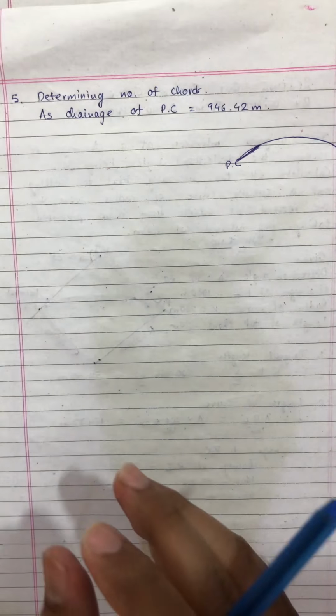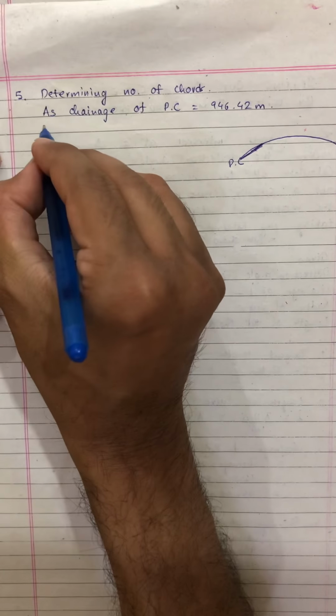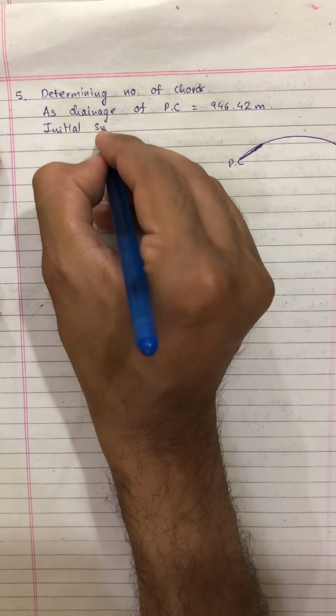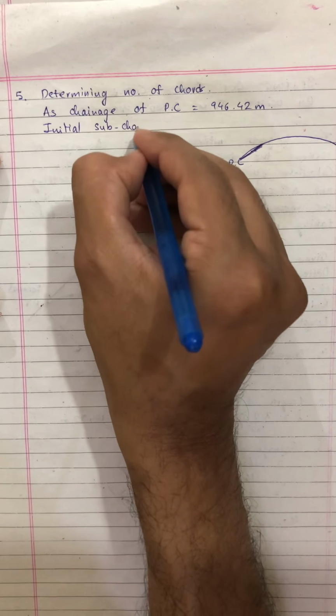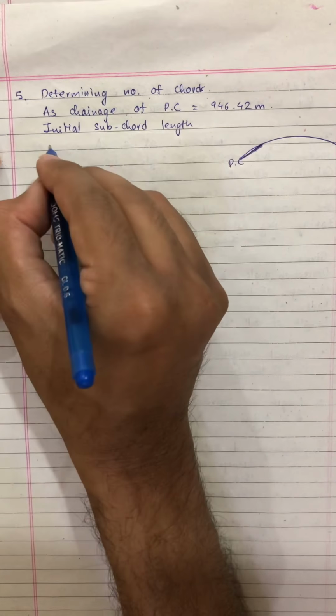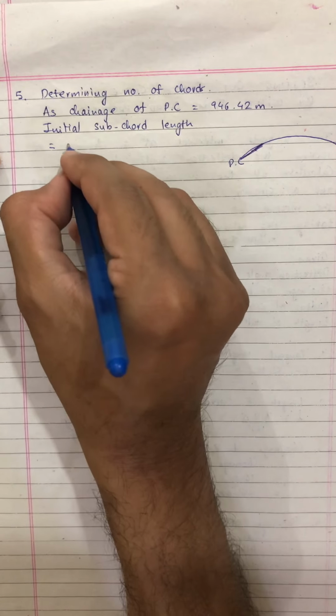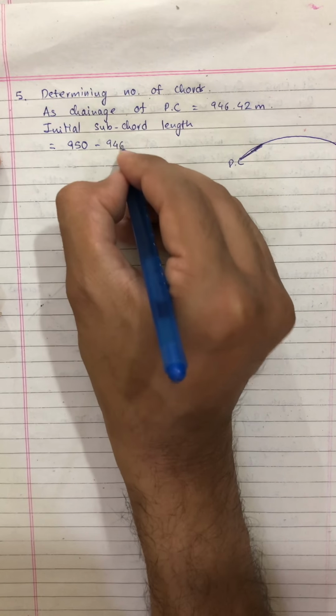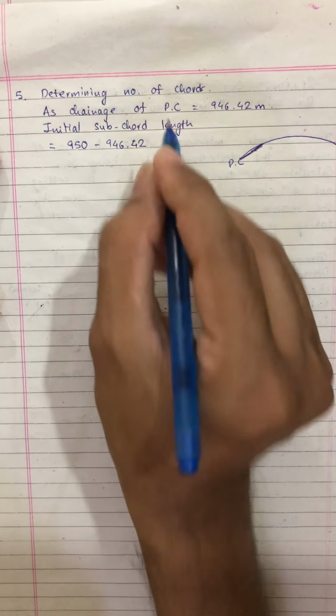Hence, the initial subchord length will be equal to 950 minus 946.42.